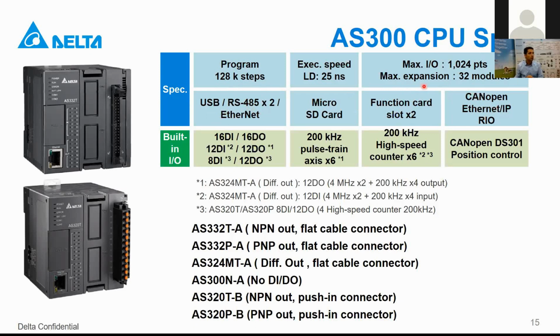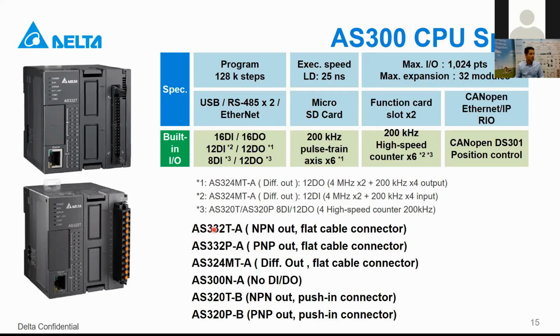So for the AS300, CANopen and Ethernet IP and also Profinet allow us to make a remote I/O solution. I will show it to you, and we will talk about it as well. So here, what I want to mention, CANopen, it supports CANopen DS301 position control standard. So you can use CPU as a CANopen master to control slave devices, CANopen slave devices.